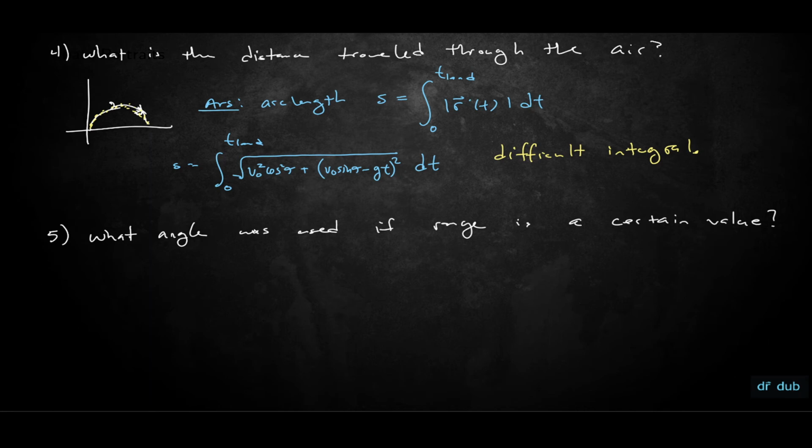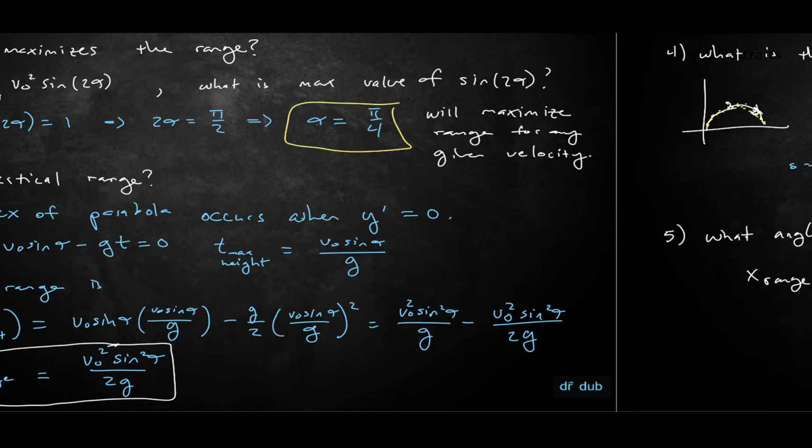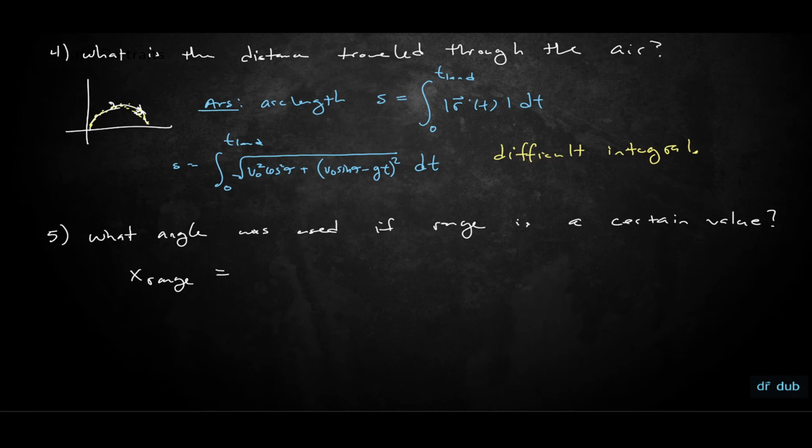Basically you take your range equation, the x range being 1 over g v0 squared sine 2 alpha, and solve for alpha. So that's kind of the answer there.